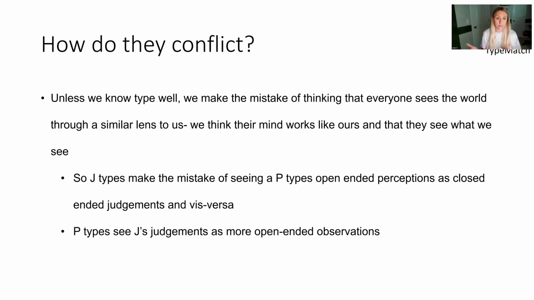There is this conflict with judgers and perceivers that I have noticed, and that John Beebe spoke about in one of his books that I read: J types will make the mistake of seeing P types' open-ended perceptions as closed-ended judgments, whereas P types will see a J type's judgments as more open-ended observations. And so there's this conflict of not understanding each other, or not taking each other seriously or correctly.